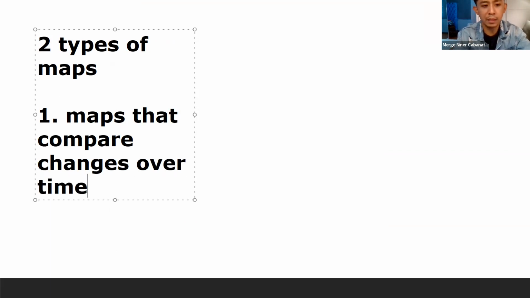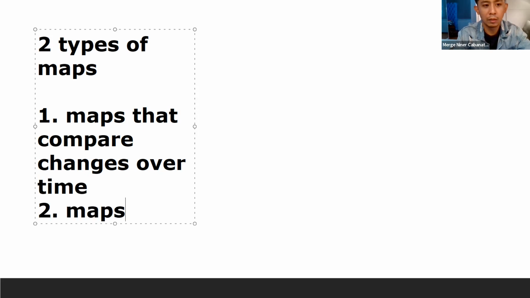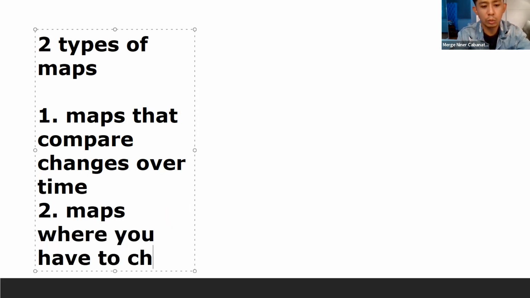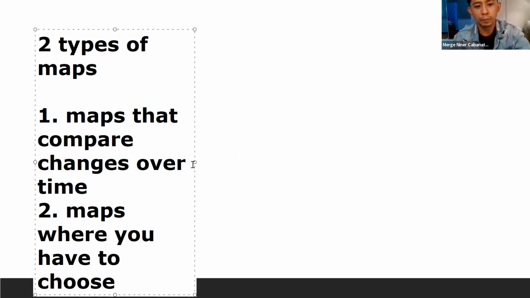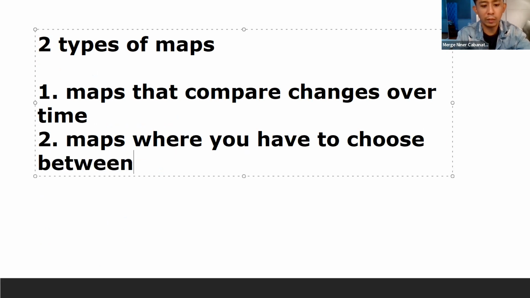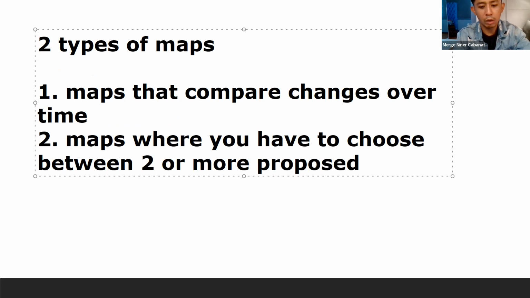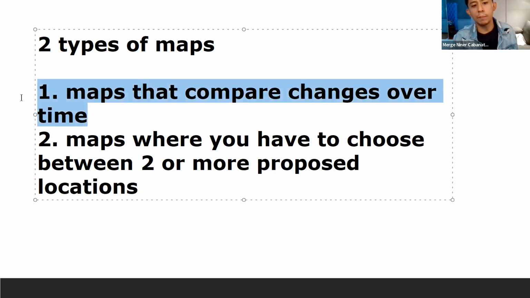And then maps where you have to choose between two or more proposed locations. So the first one is a map where you compare changes over time, while the other type of map is where you have to choose between two or more proposed locations.